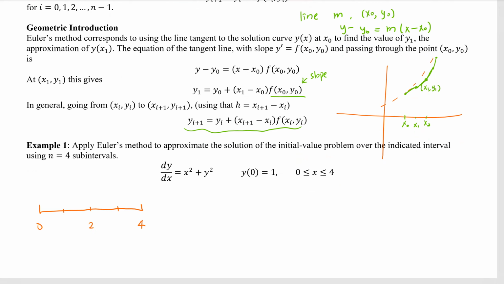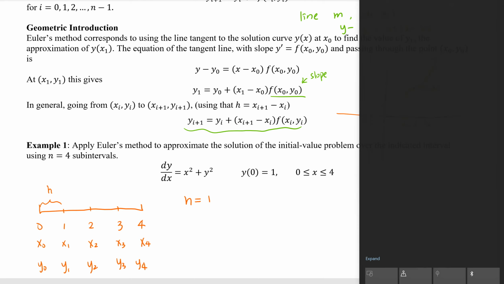The midpoint is 2, and this is 1, this is 3. So you can see here the step size h equals 1. That's the difference between each point. This is x0, x1, x2, x3, x4, right? We want to figure out y0, y1, y2, y3, y4.